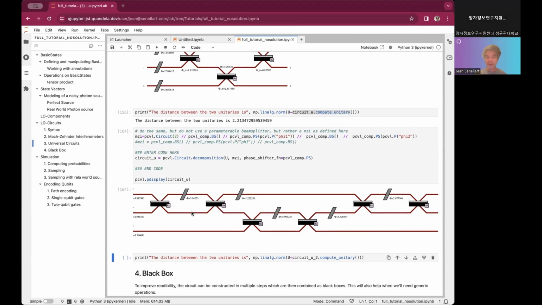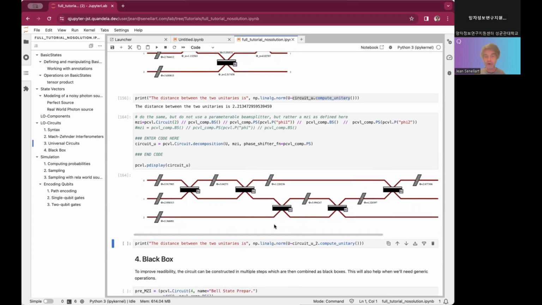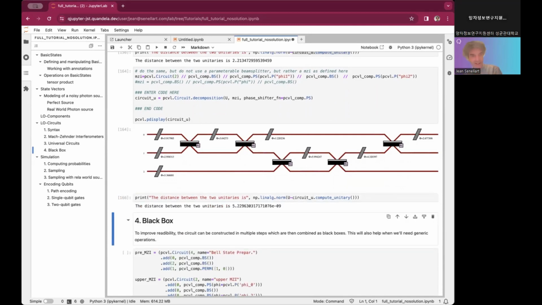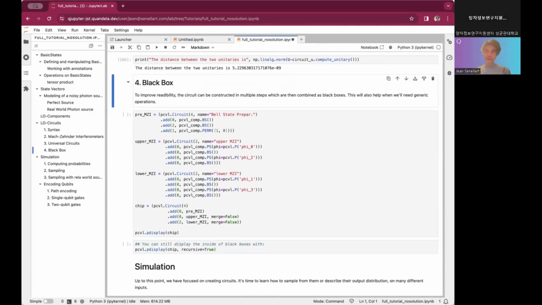And you cannot expect that you can implement a unitary with fewer than n squared parameters. And if you calculate here, there will be exactly n squared real parameters. So it's just the number of degrees of freedom that we have here. And if we look at the distance, so it's circuit U, it does work.